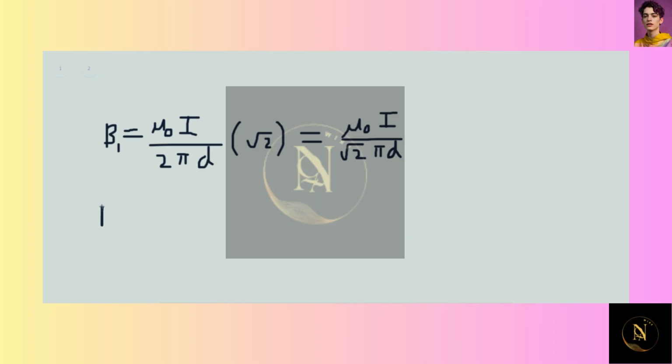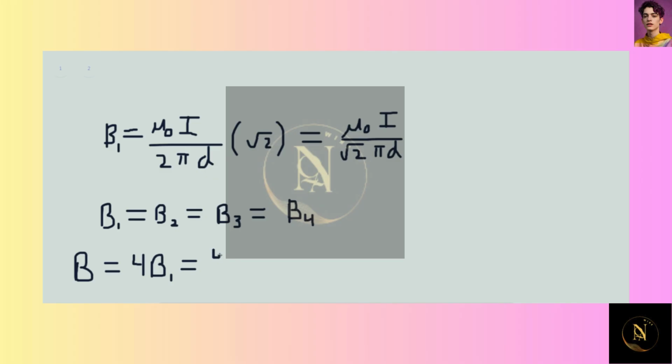So B1 is equal to B2, which is equal to B3, which is equal to B4. Therefore, B is equal to 4 B1, since if they're all equal, it's just 4 times B1.